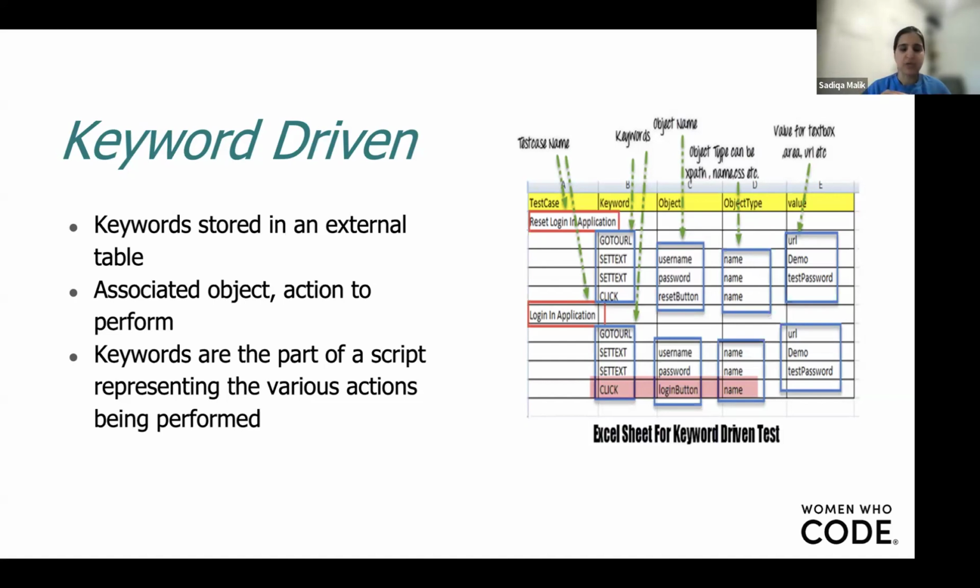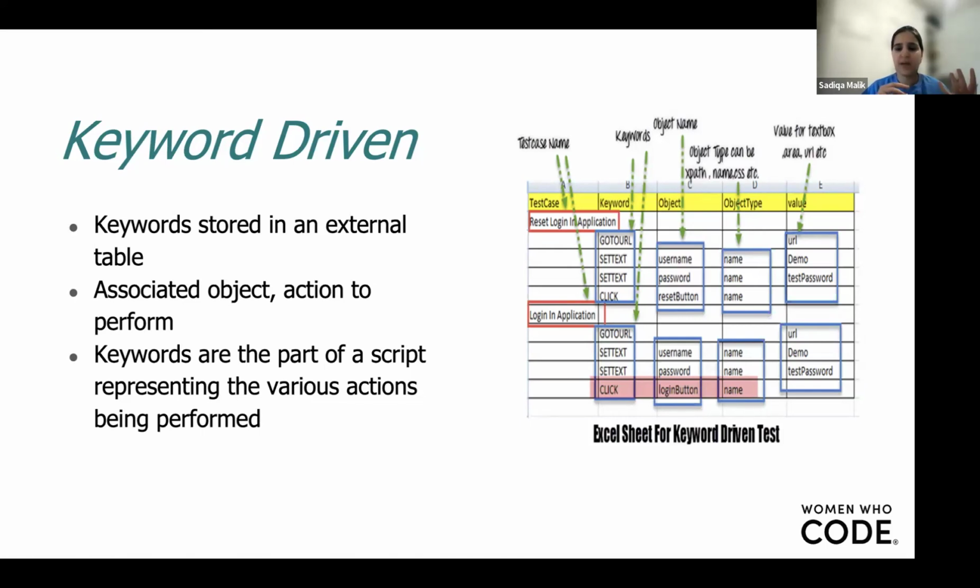So if you look at the screenshot here, there's a simple keyword driven framework done in an Excel sheet where reset login application is the name of the test case. And then it has these keywords, which are go to URL, set text, and then click. For one set text, the object description is the username. The next one is password. So you could reuse the same keyword and then pass the object description to it.